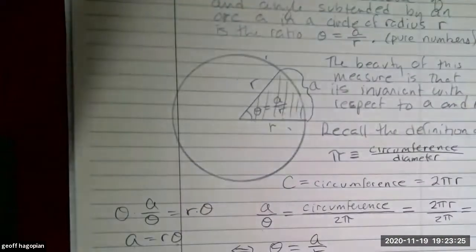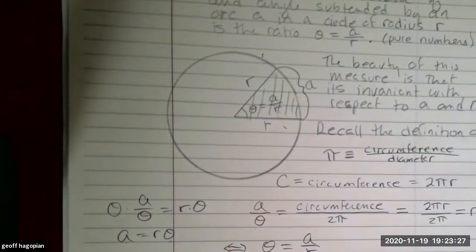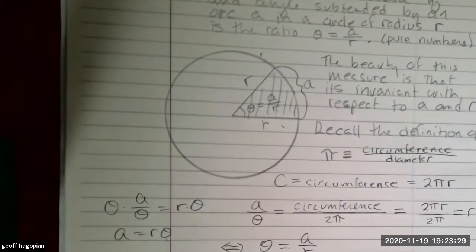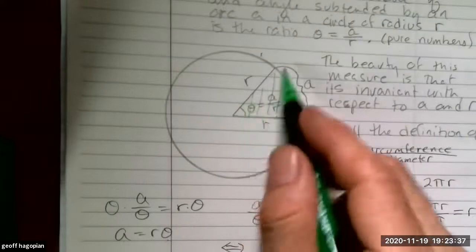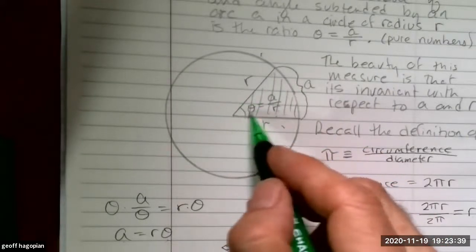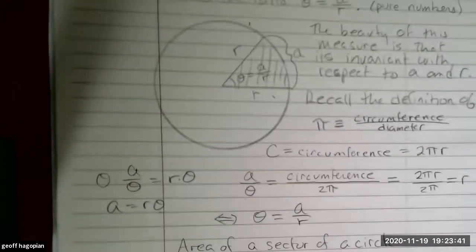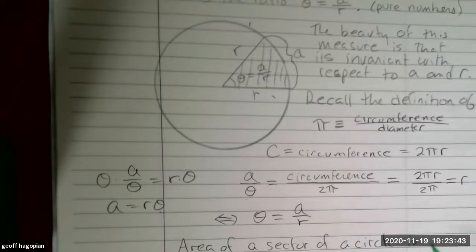And so the sector is a portion of a circle with a central angle theta, right? Is proportional to the central angle.